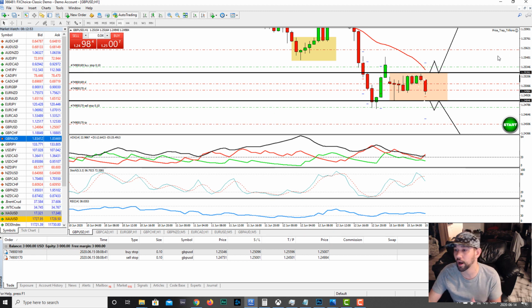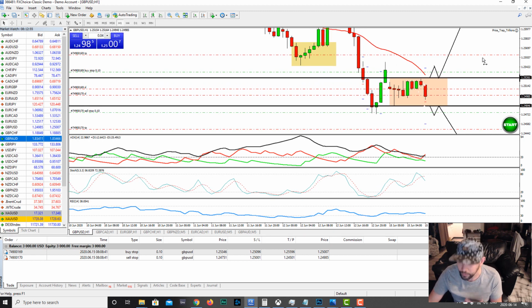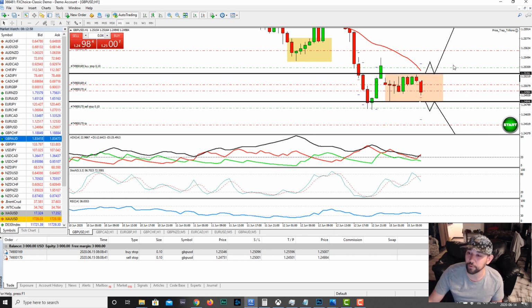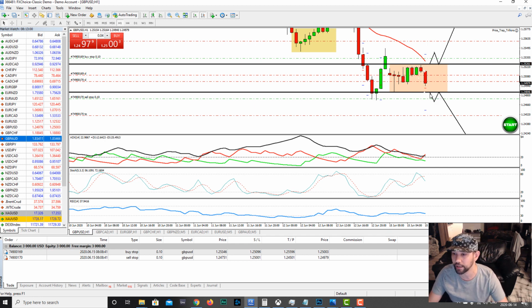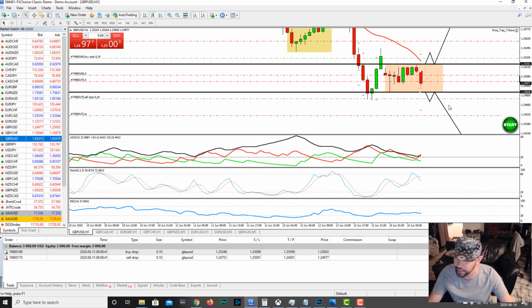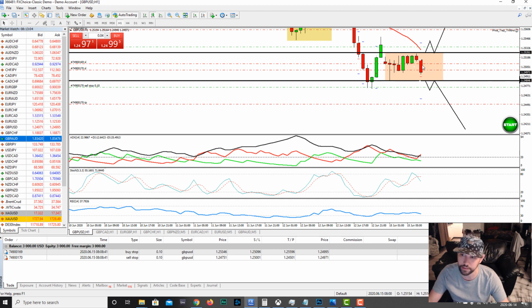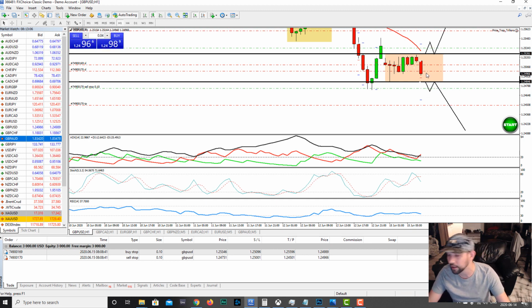The beauty behind this is that if the price does indeed break out of your trap, let's say in this case, the sell direction, because that's what looks like is happening, although we don't know what's going to happen, we can never predict the market.